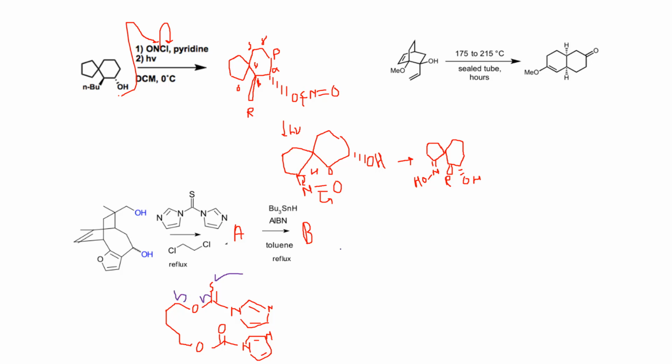In this case also the radical initiator will attack here, this comes here. If you have any confusion, you can go to the previous slides and check the mechanism of the Barton deoxygenation reaction, then you can get an idea. I'm not doing the mechanism again and again. Then we will get our product like this.